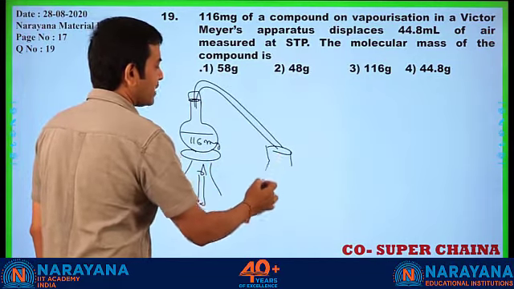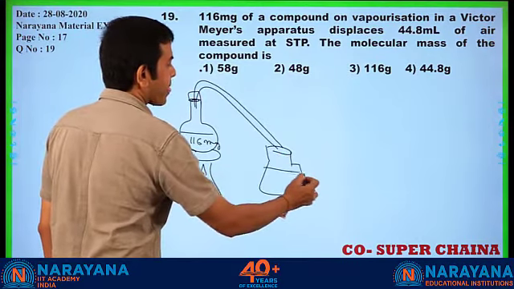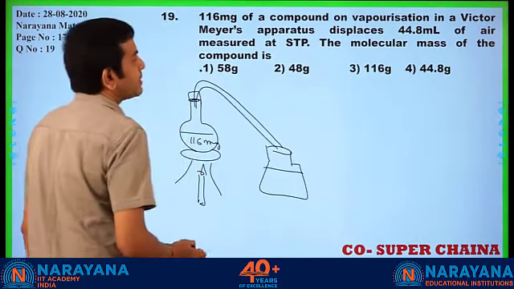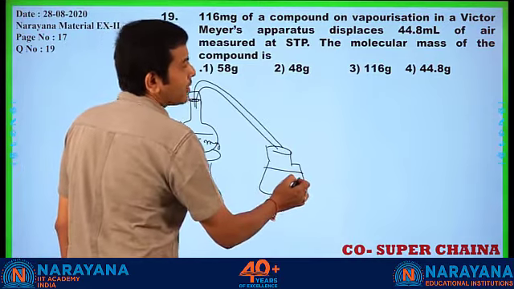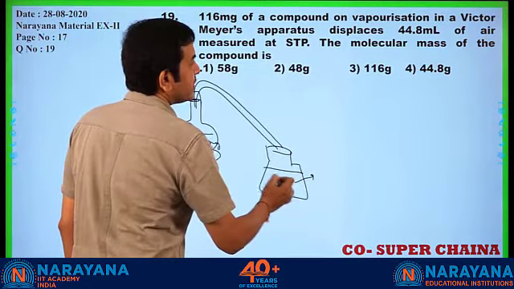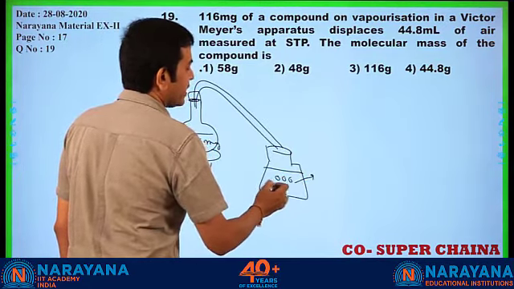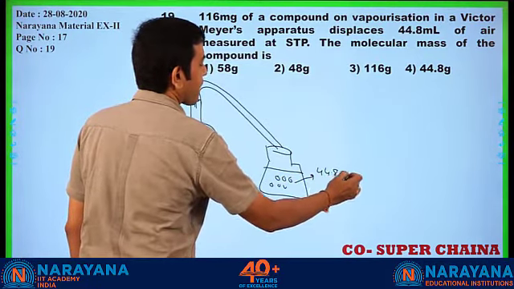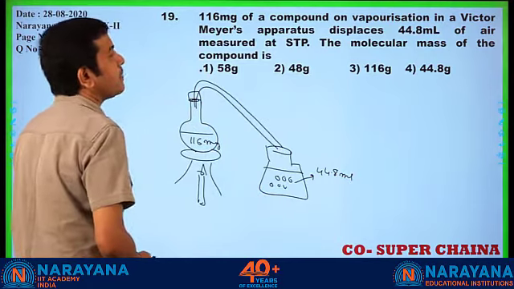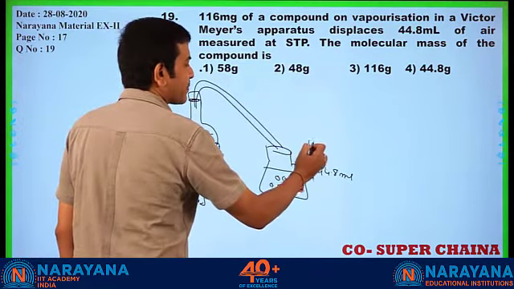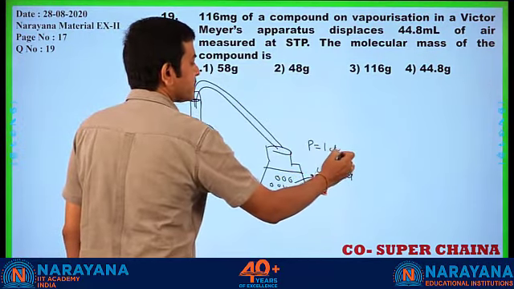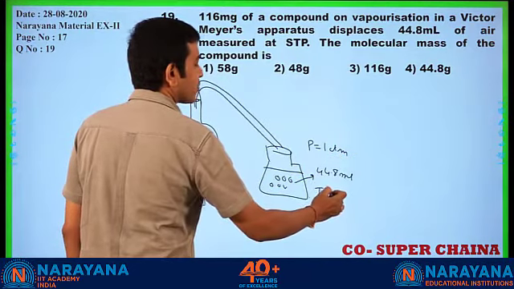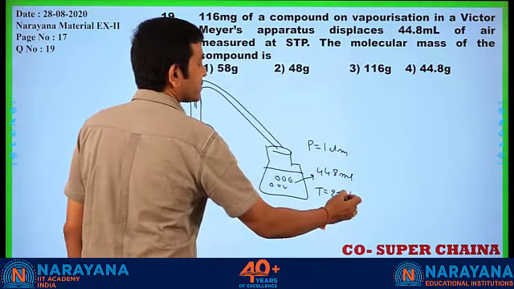Collect that vapor in another vessel. It displaces 44.8 ml of air, measured at STP. STP means pressure is 1 atm and temperature is 273 Kelvin.